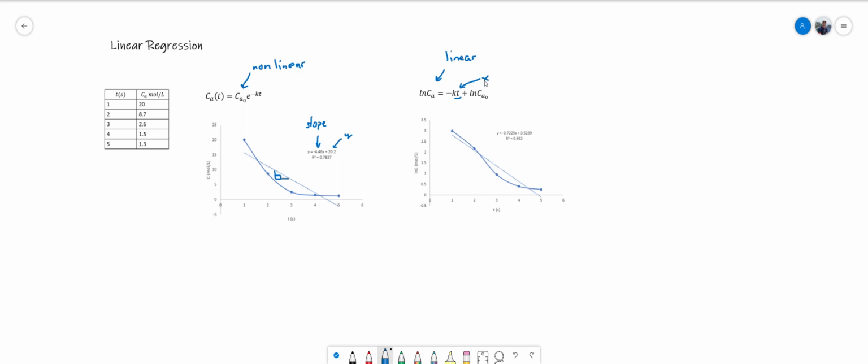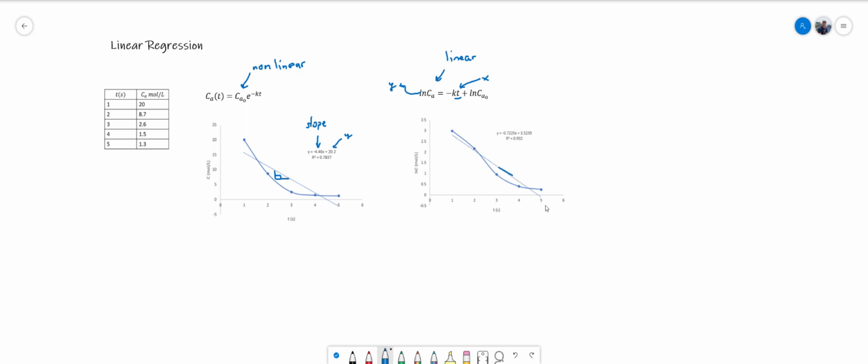However, now instead of plotting the concentration of A as our y value, we're going to plot the natural log of the concentration as our y value. So I create a plot of the natural log of the concentration on the y-axis versus time on the x-axis.